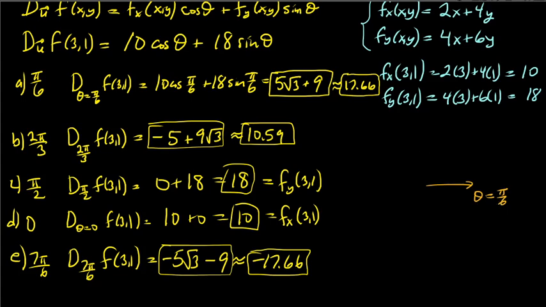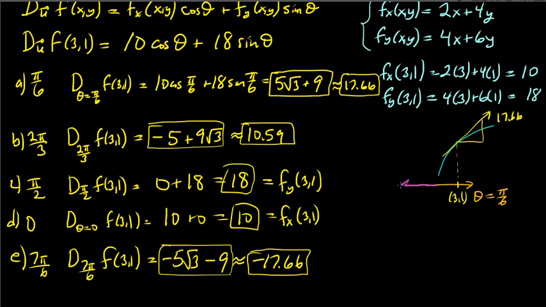I know this is going to be a very steep graph, but it's going to be something like this. There's the function in that direction, and at the point 3, 1, you go up. In this direction, rise over run is a positive 17.66.